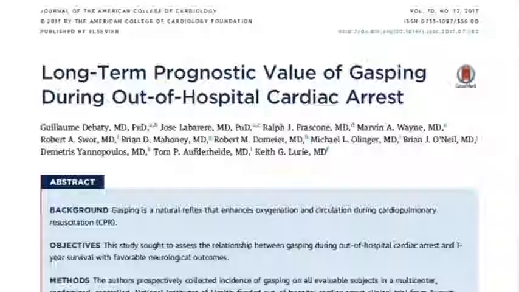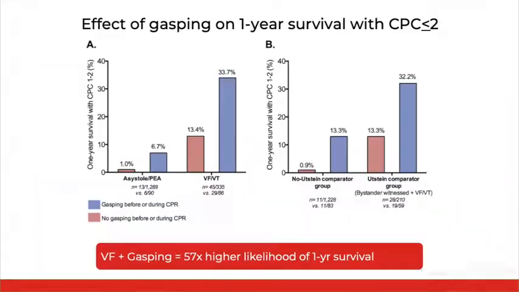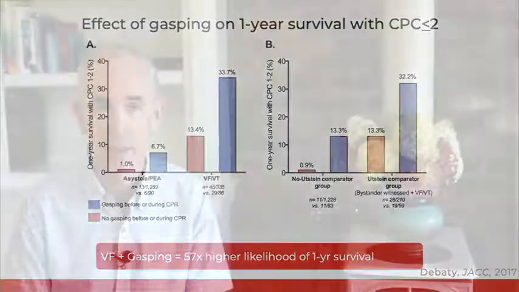It creates a vacuum to pull venous blood out of the brain. And it also tells the rescuer that the brain still is alive enough to trigger that gasp. And so if you come across somebody who's gasping, don't give up. If you have the combination of gasping and a shockable rhythm like ventricular fibrillation, that patient has a 57 times higher likelihood of survival compared to no gasping and no VF.